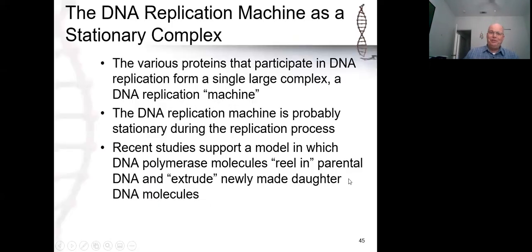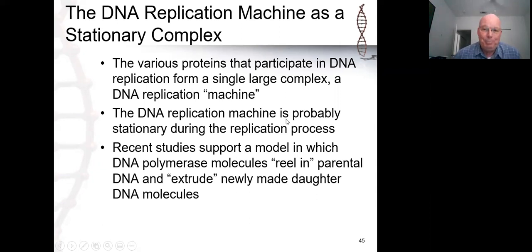Now, one of the more interesting things that we've discovered about this is that this replication process is carried out by a replication machine, a complex of about 20 proteins working together, usually anchored to the inside of the nuclear envelope, through which the DNA is fed, rather than the enzymes sliding down the DNA and the enzymes being mobile and the DNA being static.